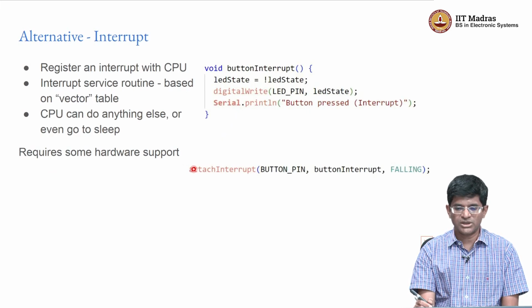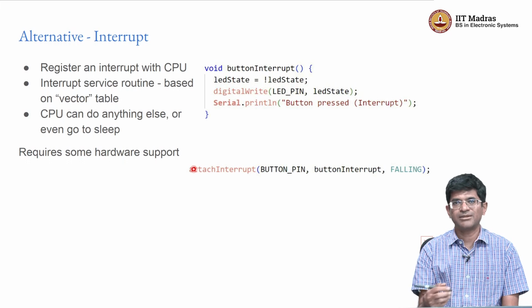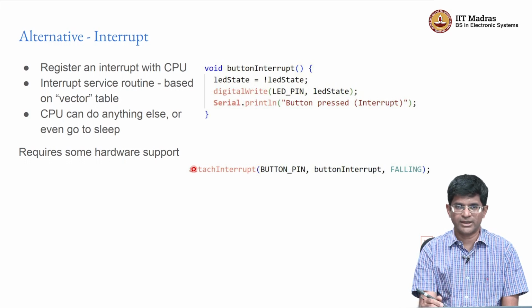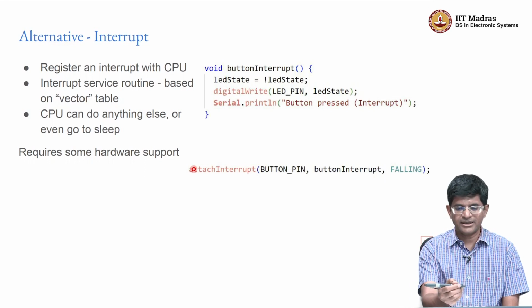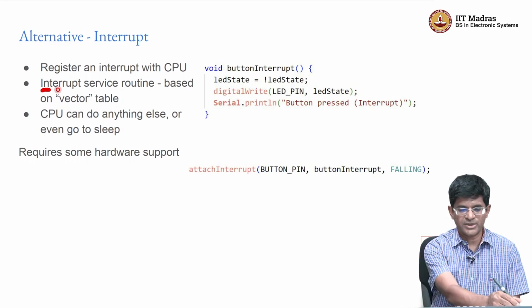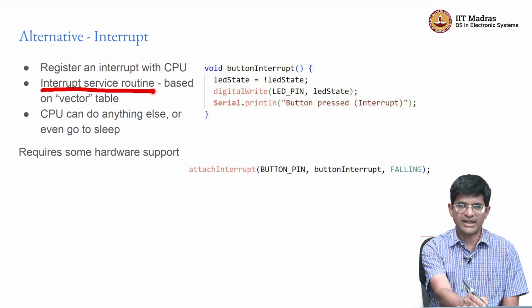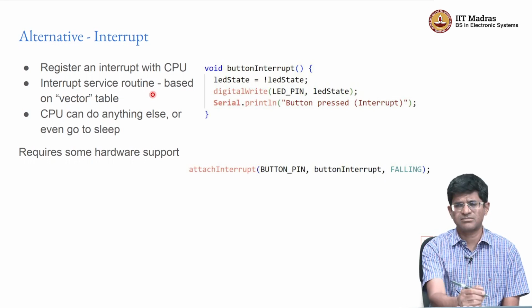The alternative to this is what's called an interrupt. We have already seen what interrupts can do. Essentially what an interrupt does is it breaks the normal flow of the program. Pretty much at any point in time between two instructions that are being processed at the machine level, I could have an interrupt. And the moment I get an interrupt, what happens is that I have something called an interrupt service routine, an ISR, which is a function.